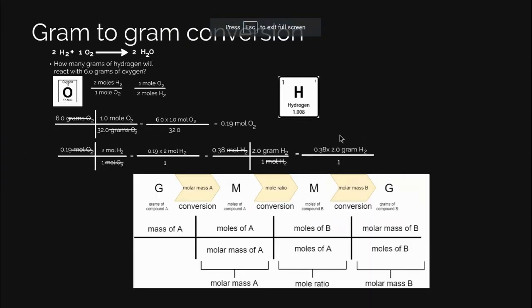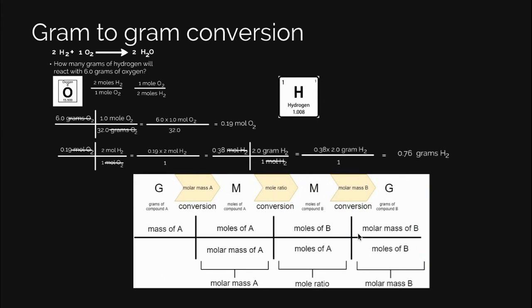All right, sorry for the typo. So my calculation now, when it's correct, is 0.38 times 2.0 grams of H2 divided by 1. If you put this into the calculator, the final result you should get is 0.76 grams of H2. So now this problem, that's really all there is to it.